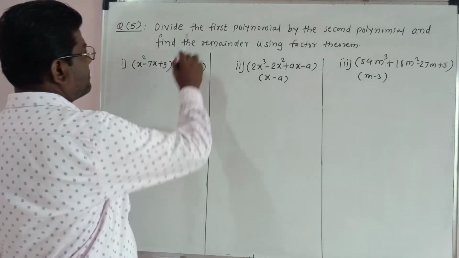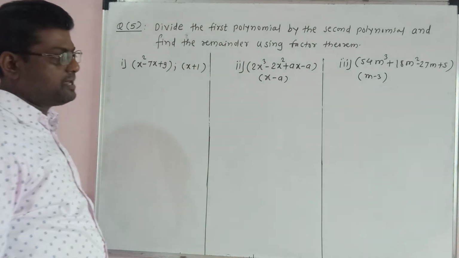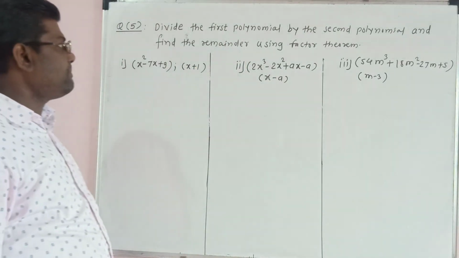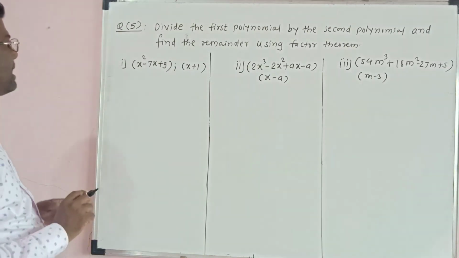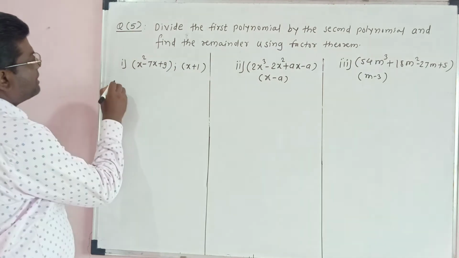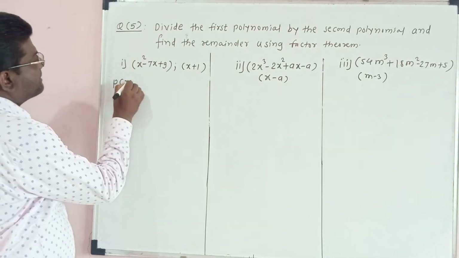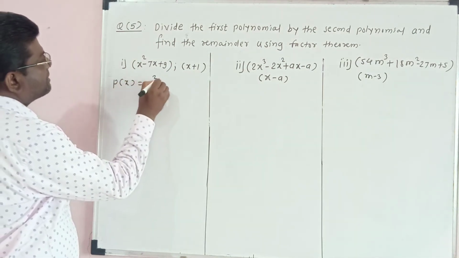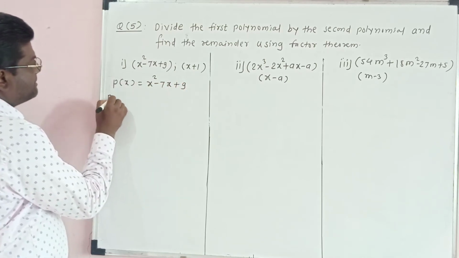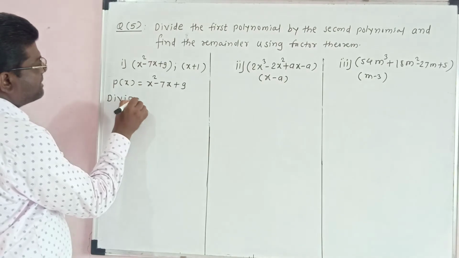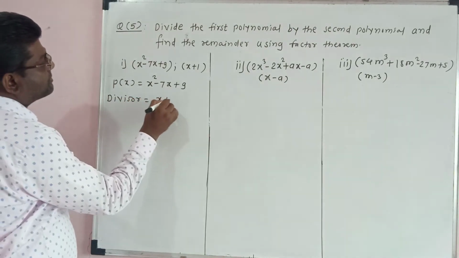Question number 5. Divide the first polynomial by second polynomial and find the remainder using factor theorem. Now here given polynomial is p of x is equal to x square minus 7x plus 9, and divisor is x plus 1.